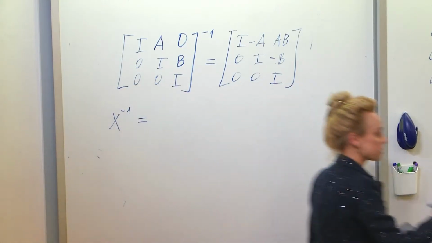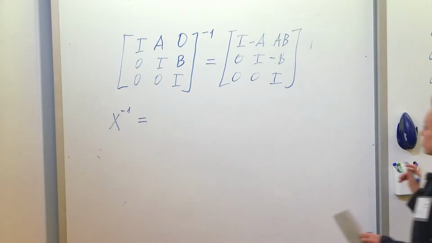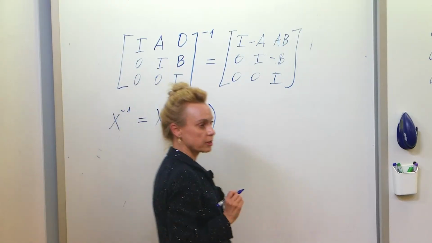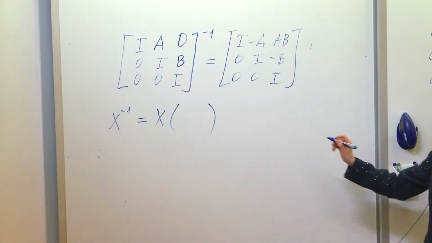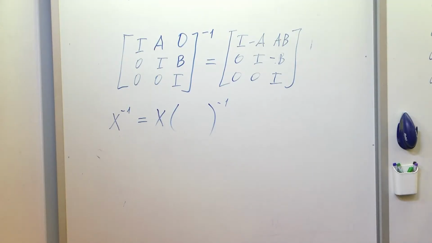Let's call it X, right? I want to do the inversion of X, but I want to do it differently. I want to manufacture a symmetric matrix, and then I want to invert it. So what should I do?